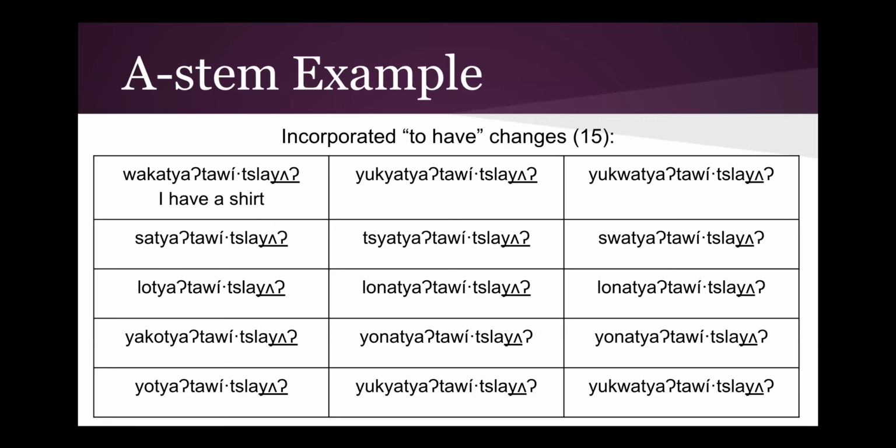Jadyat da wheat slay. Lonadyat da wheat slay. Yonadyat da wheat slay. And then our third column sounds like Yungwadyat da wheat slay. Swadyat da wheat slay. Lonadyat da wheat slay. Yonadyat da wheat slay. So that's an example of how to incorporate an A stem noun into a C stem verb root.